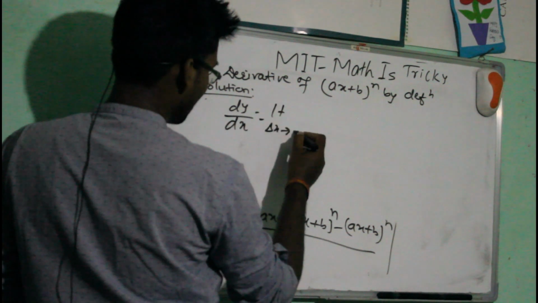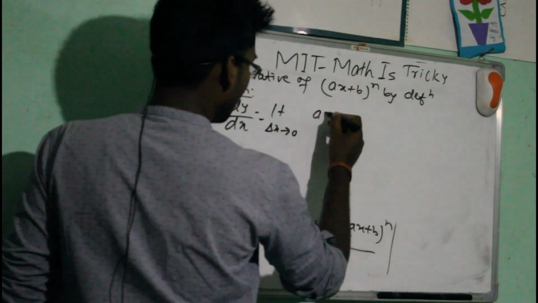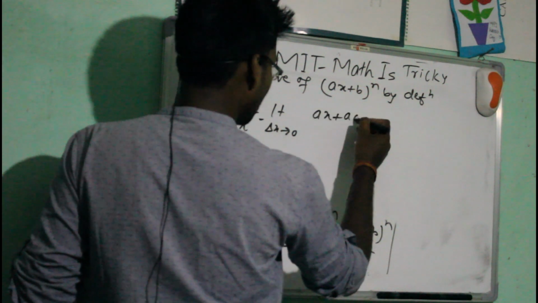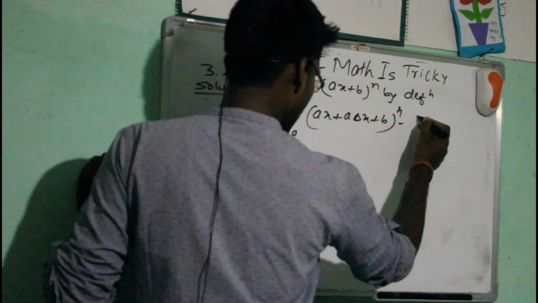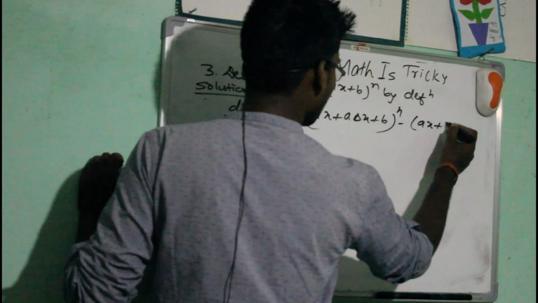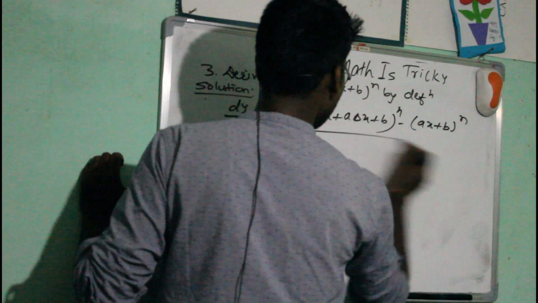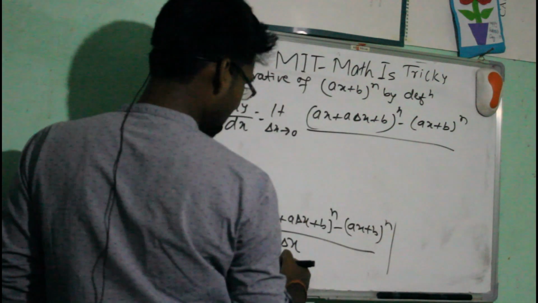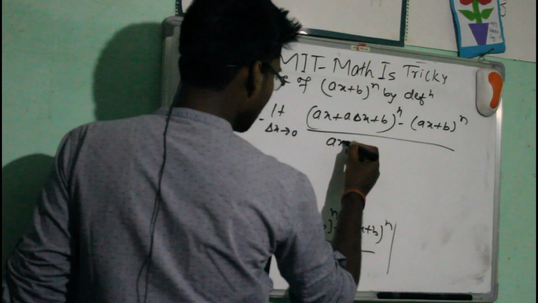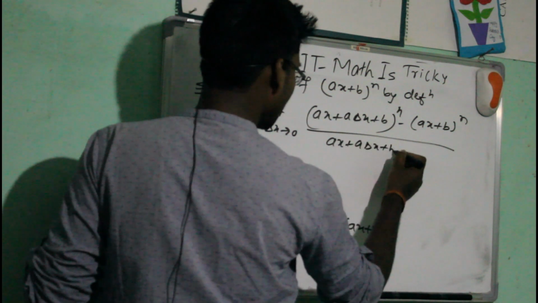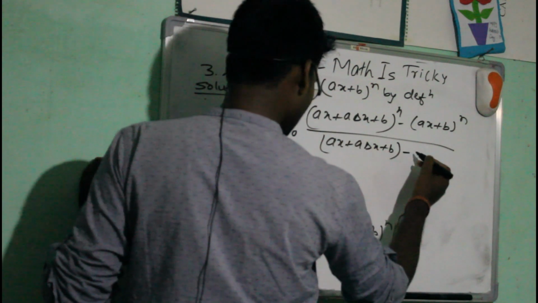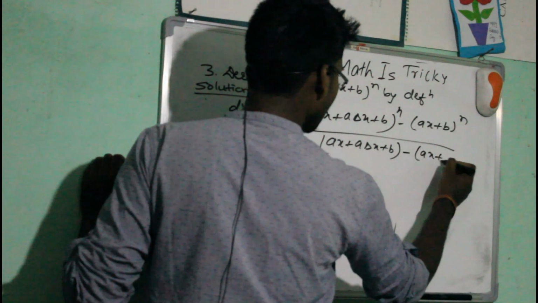Delta x tends to 0. Now we have (a x plus a delta x plus b) whole power n minus (a x plus b) to the power n. And now I'm writing delta x as a delta x, that is (a x plus a delta x plus b) minus (a x plus b).